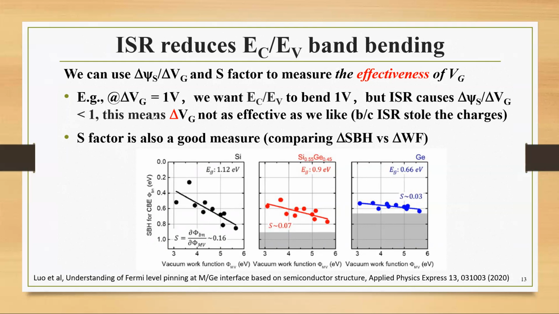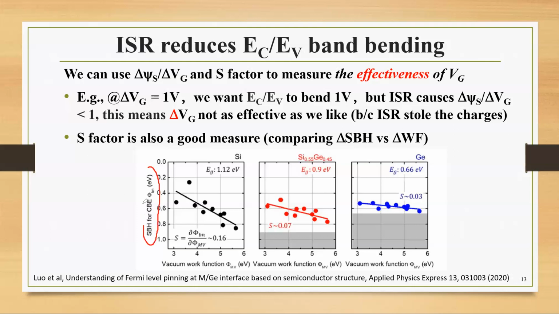So you apply 1 volt, but the band edge may not get 1 volt; maybe it gets 0.8 volt, 0.5 volt, who knows? It depends on how severely the ISR rips you off. So the applied gate voltage is not as effective as we'd like because it stole the charges. That's one way of looking at it. The other one is looking at the S factor.